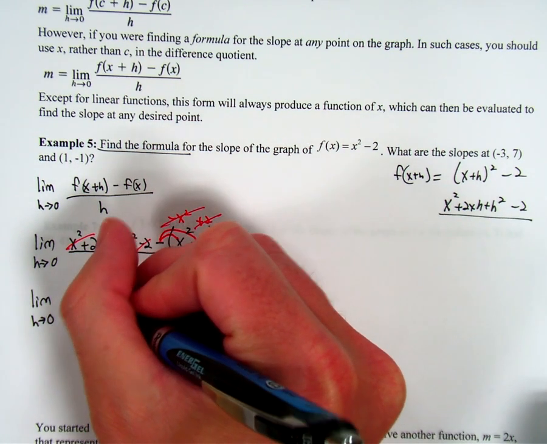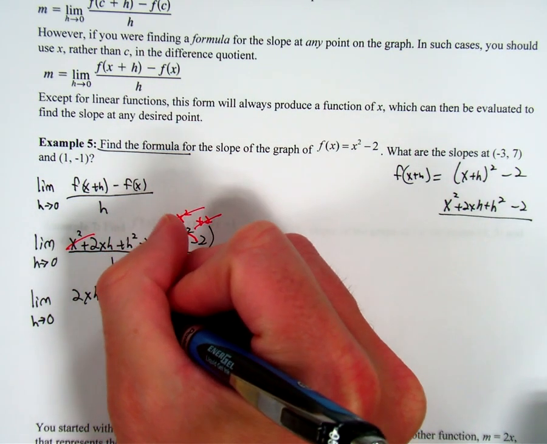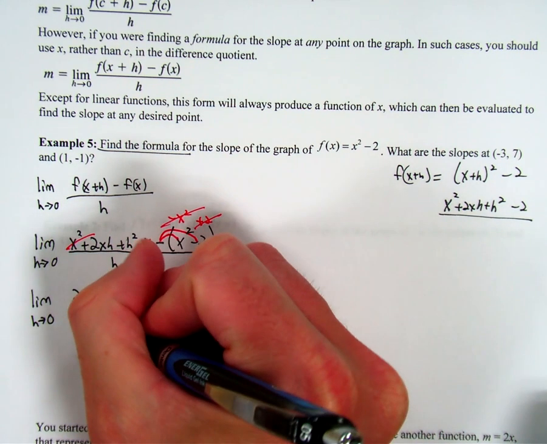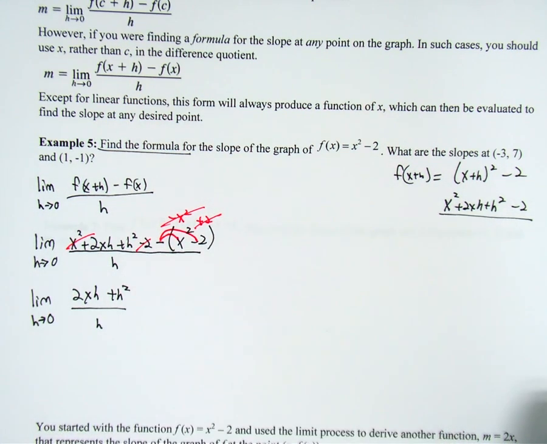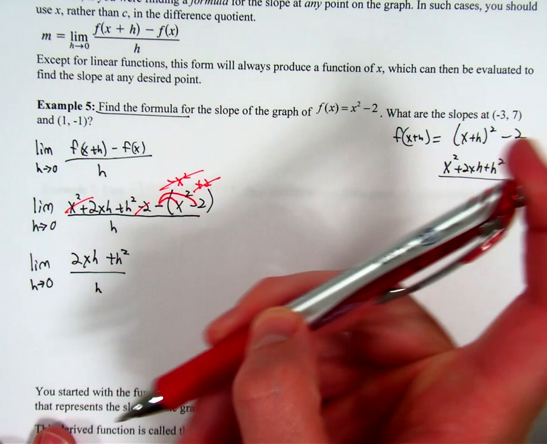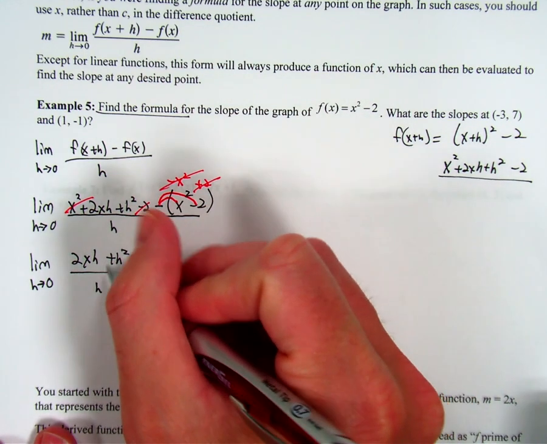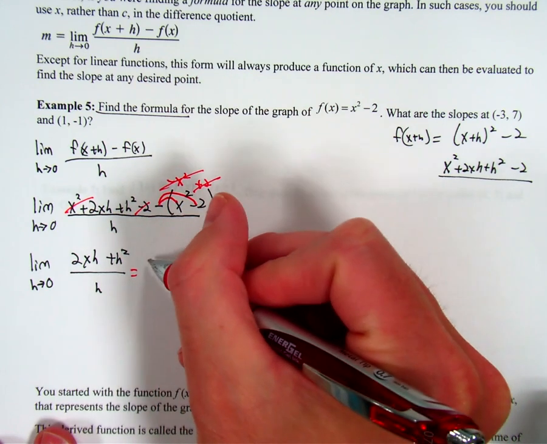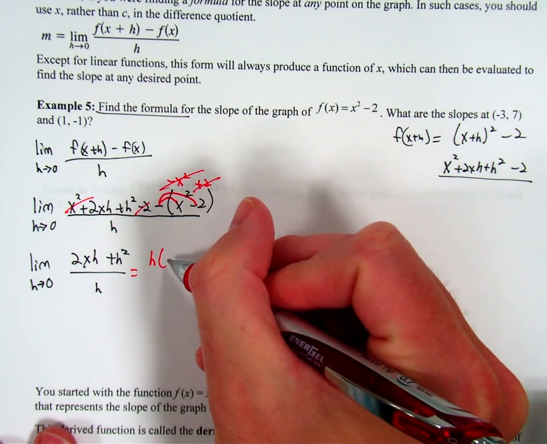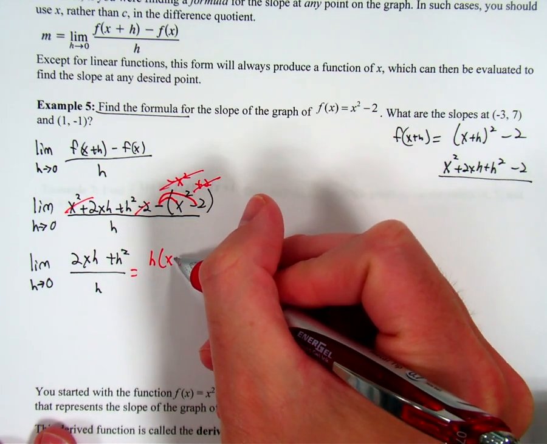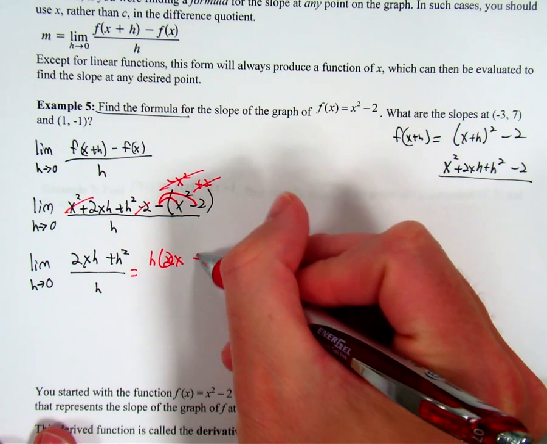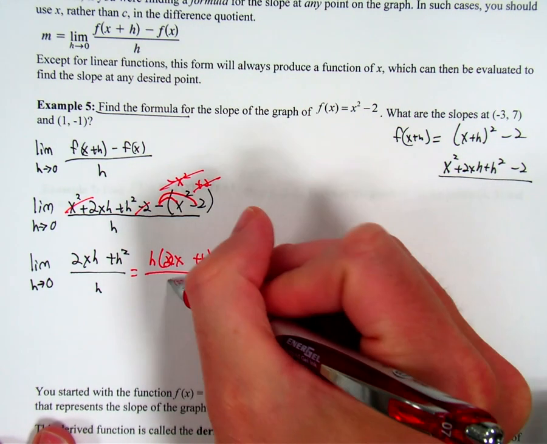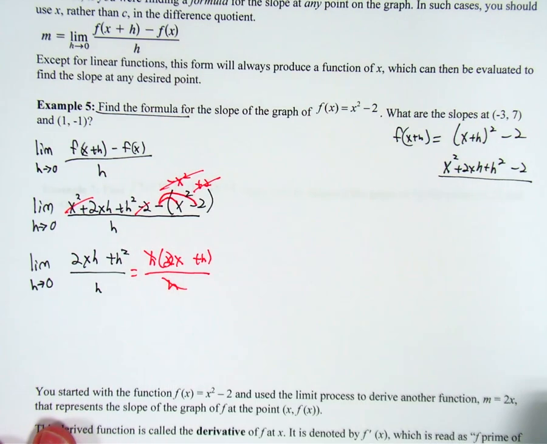2xh plus h squared over h. Okay, we can use this h. They both have an h, so if you want to, we could take an h out in front. 2x plus h. And those h's cancel.